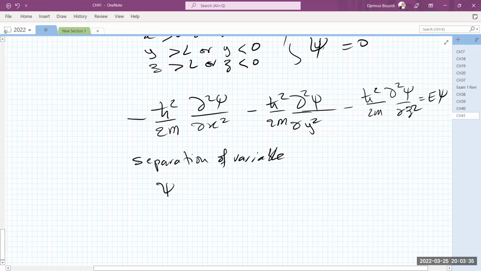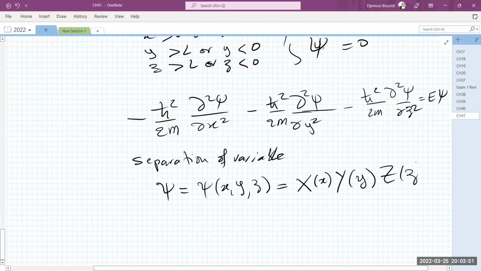So what I'm going to say in this case, the function psi, which is typically a function of x and y and z, can we have a solution so that its x dependence is only carried by the function X, its y dependence is carried by the function Y, its z dependence is carried by the function Z. If that's the case, obviously the second derivative of psi with respect to x is going to involve only the function X. So it's going to be the straight out derivative of X with respect to x times YZ.